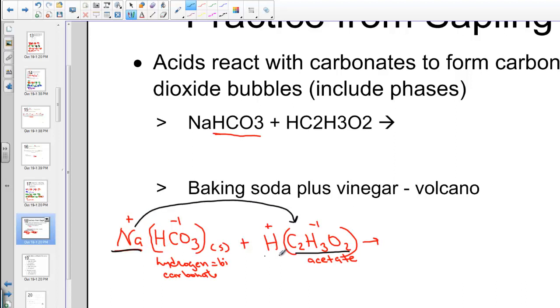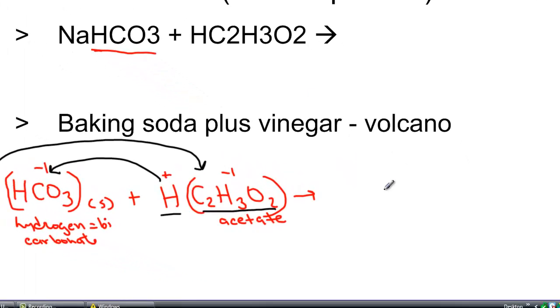We're taking the two positives and exchanging their places. So sodium will hook to acetate. So one of our very first products here would be Na+, the positive ion, and the negative ion, C2H3O2-. This is called sodium acetate. This is our salt that we produce.